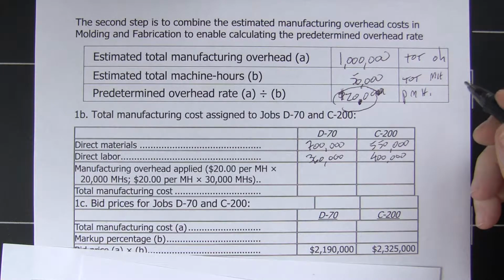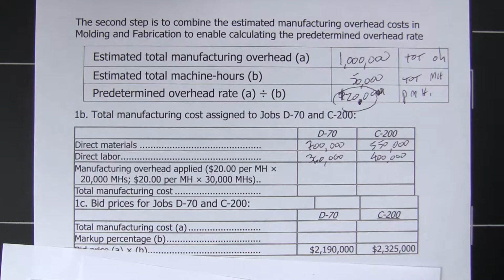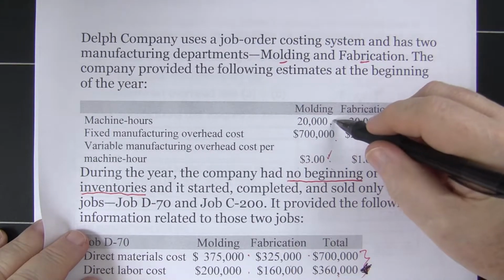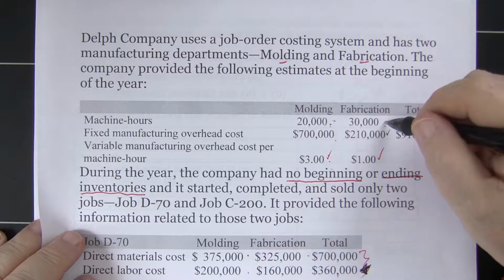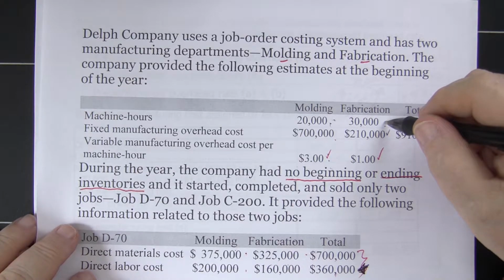And now we have to apply the overhead based on the hours. And remember, it's $20 per machine hour. And they give us the machine hours. 20,000 and 30,000 are the machine hours.